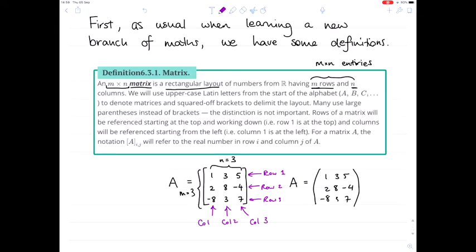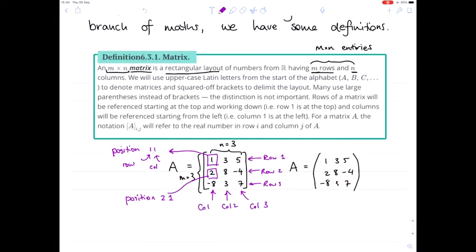This also gives us a way of indexing individual elements inside the matrix. For example, if I want to index this 1 and say which element that is, this is the element in position 1, 1, where 1 is its row and 1 is its column. So our 2 over here would be in position 2, 1, because it's in the second row, and 1 because it's in the first column.